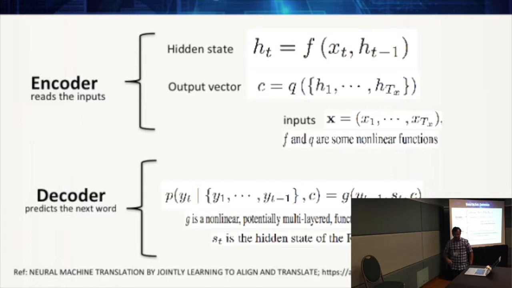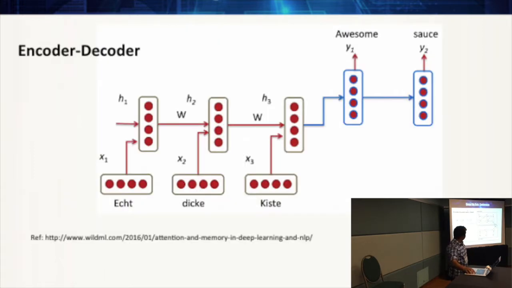Let me show the picture. When you give all the inputs, the hidden state is updated constantly. So you take this hidden state and pass it on. And y1 as an output is based on the hidden state, but it is also dependent on its own hidden state.